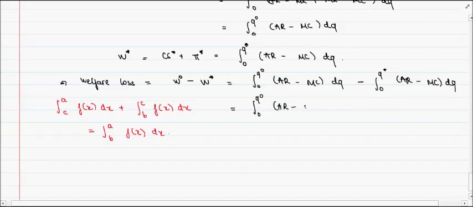AR minus MC dq, and for this one, if we want to change the limits, swapping the upper and lower limit, then this will just become plus: q star to 0 of AR minus MC dq. So this is the first rule.